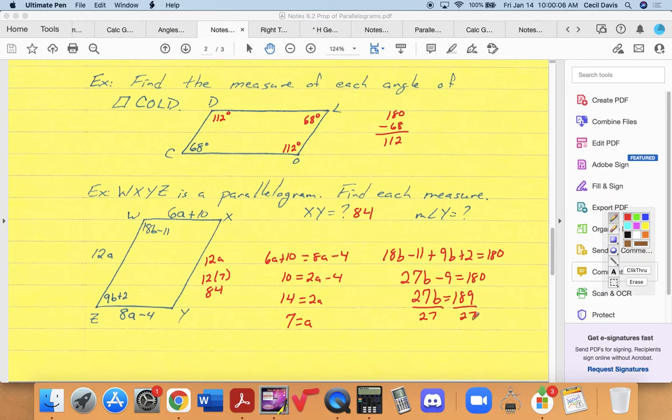Dividing by 27 is difficult, yes? God bless you. Are you allowed to use a calculator? Not yet. It's 7. It's 7? Yeah. Okay. But when you're doing long division, dividing by a 2-digit number is kind of icky, right? Can we make this better? Divide everything by 9. Okay. Are both of these divisible by 9?